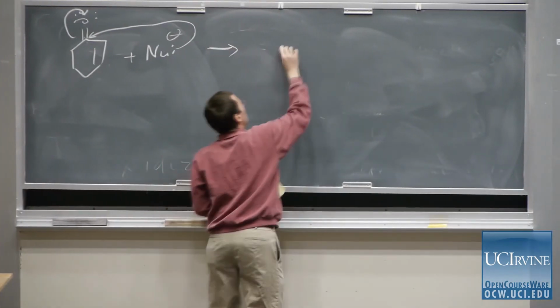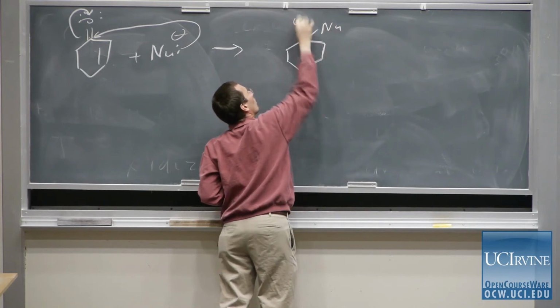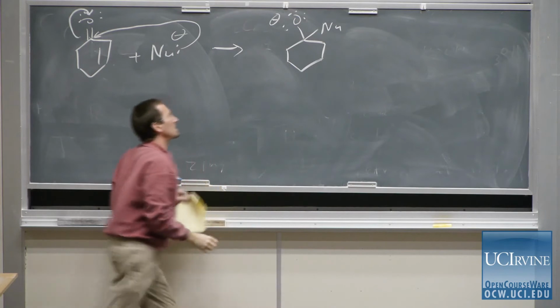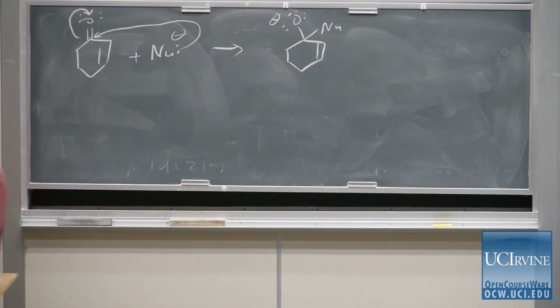So at this point in the mechanism, we have formed an alkoxide anion. The nucleophile has added, and that's how your first reaction goes.